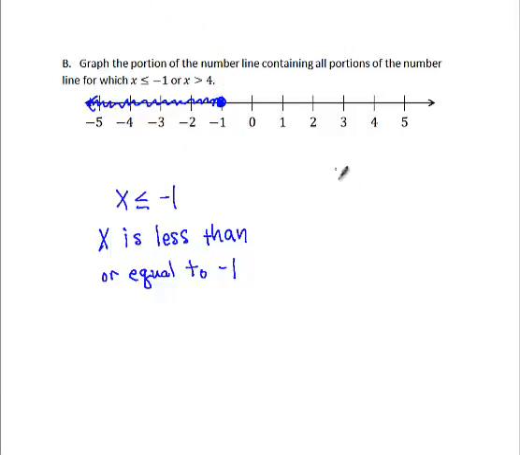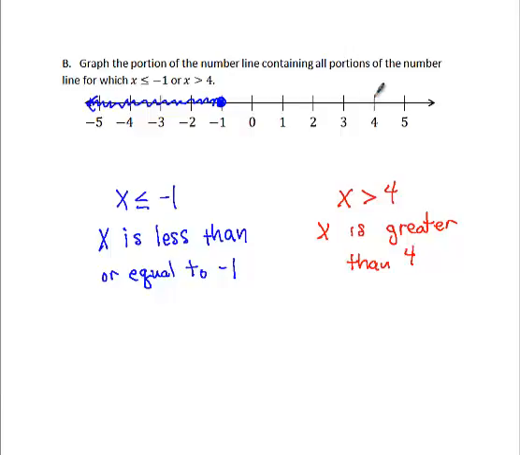Then we have the second inequality, x is greater than 4. X is greater than, there's no equal to bar in this inequality symbol, so just simply x is greater than 4.